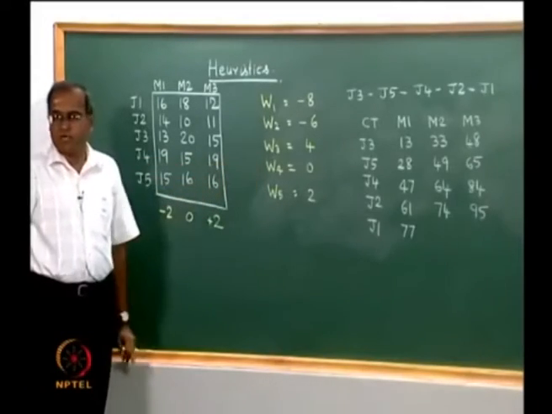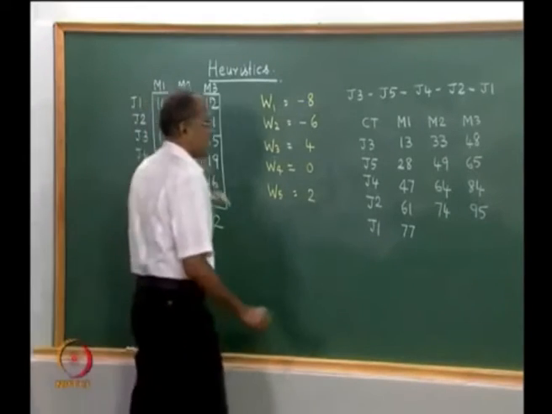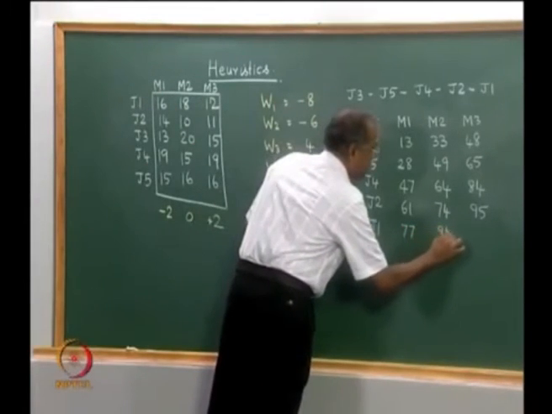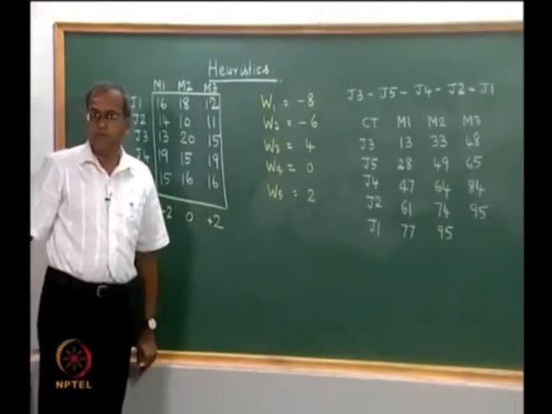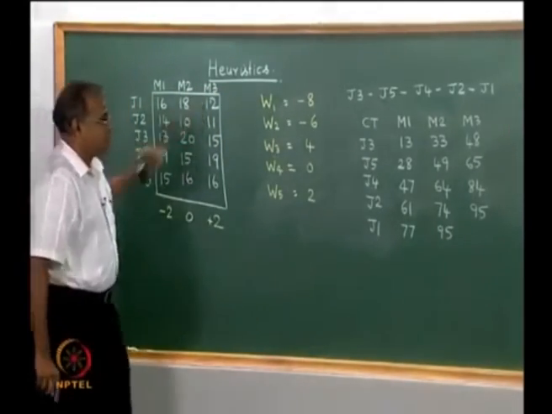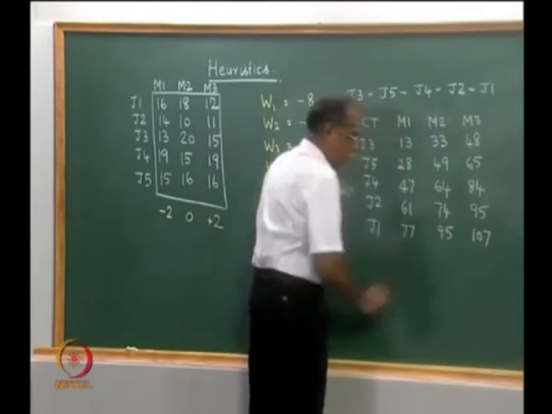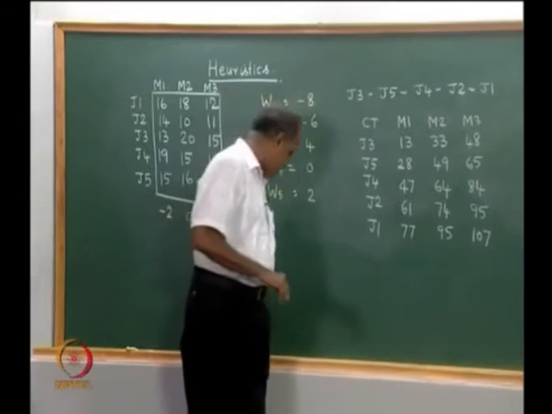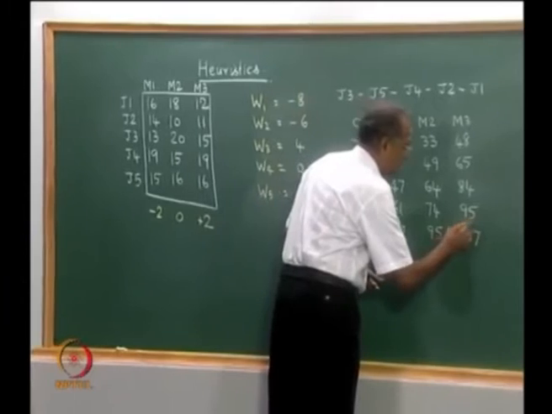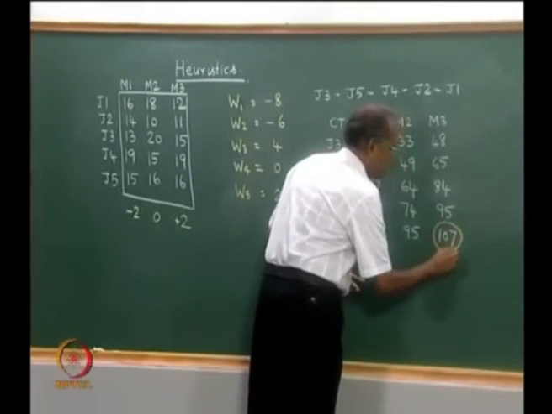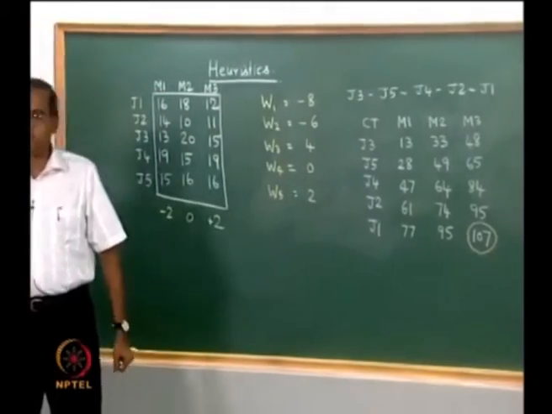M2 is already available at 74, so starts at 77. 77 plus 18 is 95, it comes out. At 95, M3 is available, so starts at 95, takes another 12 and finishes at 107. So, the makespan associated with this sequence is 107.